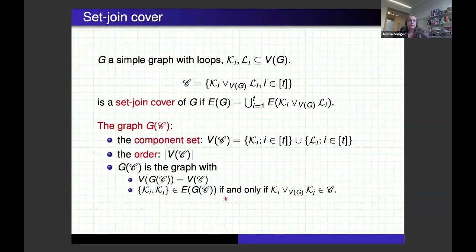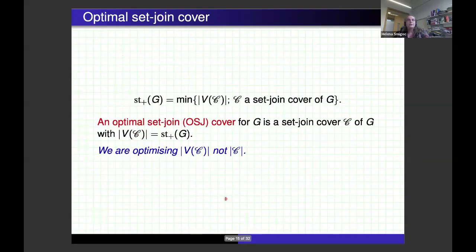How is all this connected to my SNT-rank of graphs? Well, it turns out that SNT-rank of graphs is the minimal number of these components that I need to get a set join cover of G. So for the optimal set join cover of G, what I'm minimizing, I would like to emphasize here, is not the number of elements in the cover, but the number of components that I needed in the cover, right?